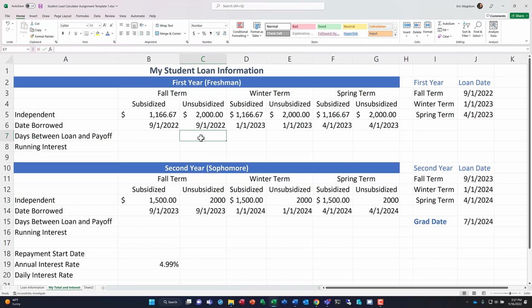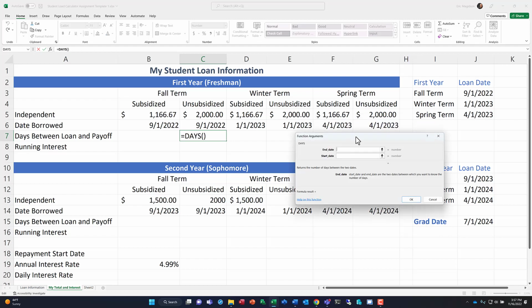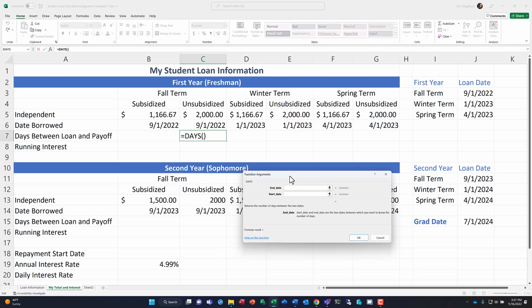Well, there's actually a formula called days, so I say equals days, okay? And matter of fact, let me do this the way I want you to do it, which is to come up here and use the function dialog box for days. Because when I use the days, it says end date. End date is going to be the day I graduate.